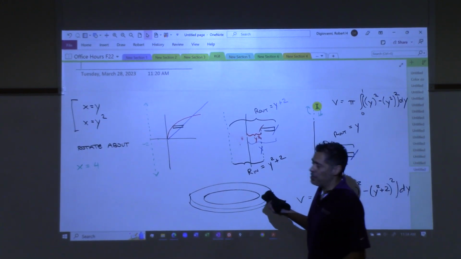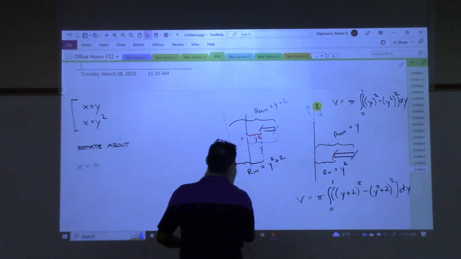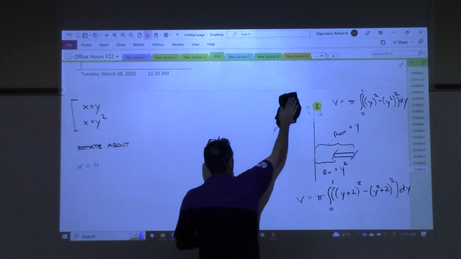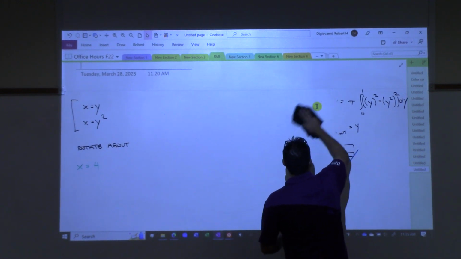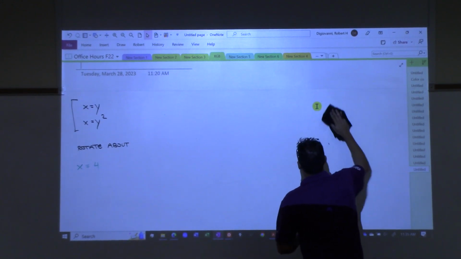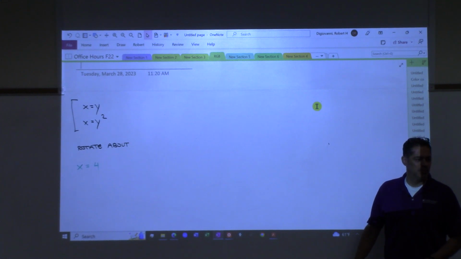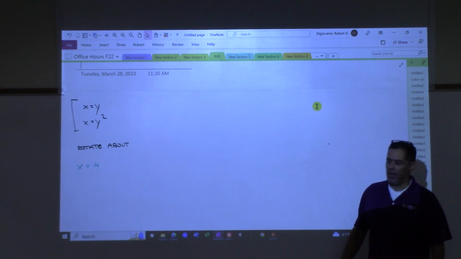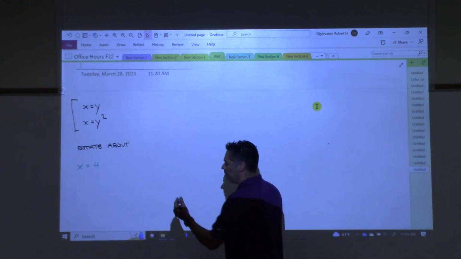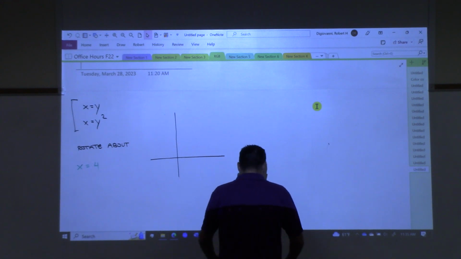So I'm going to draw another picture, okay? What I'm not going to do is just say, oh, that means I'm going to add 4 to the functions. I'm not going to just guess. I'm going to draw the picture to make sure I know exactly where things go. So here's my y-axis. The blue one was the line.